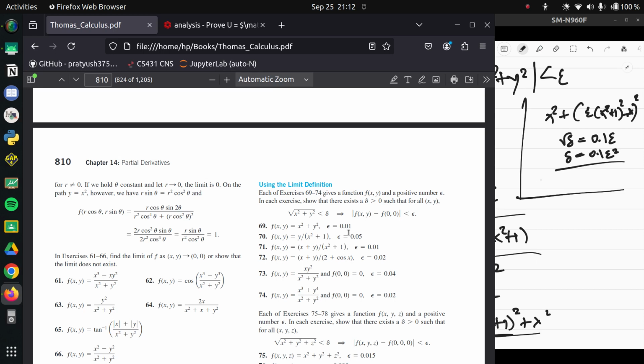So this will be something like x square. The worst case value is just delta square, I suppose. Yeah, actually, it's epsilon x square plus 1 square, so just delta plus 1 square. Something like that.